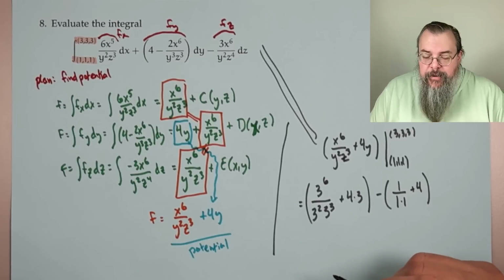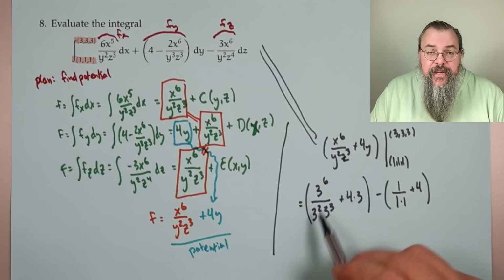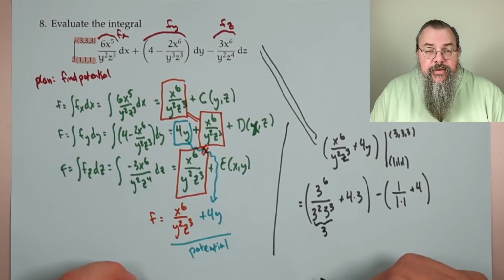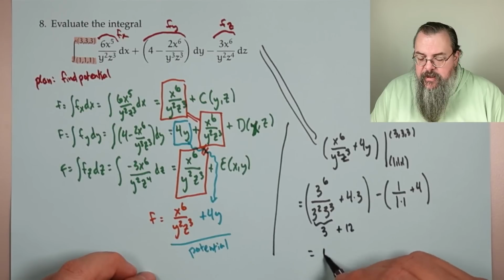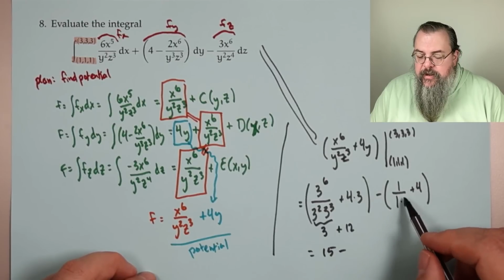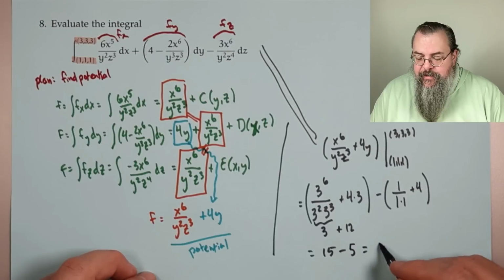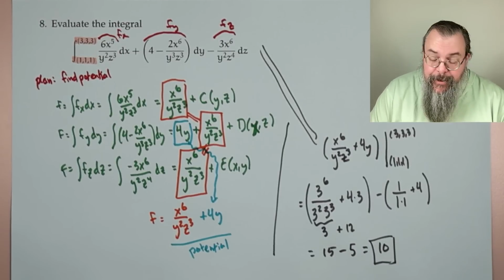Yeah, but we don't need to know that. So just count your 3's. You have 6 upstairs, you have 5 downstairs. So altogether, this is a single 3. So it's 3 plus 12, which makes 15. Now here, you have 1 plus 4, which is 5. So 15 minus 5, which is 10. And there we go.